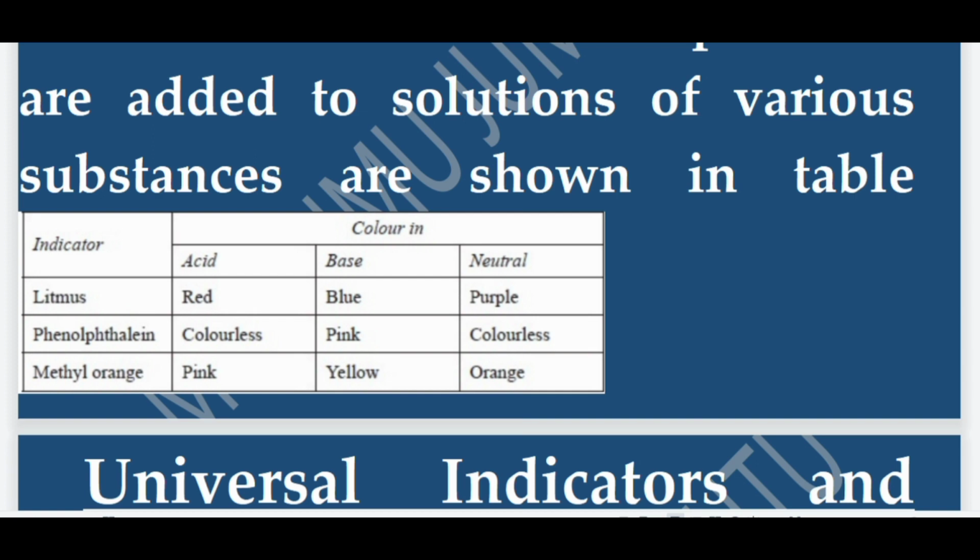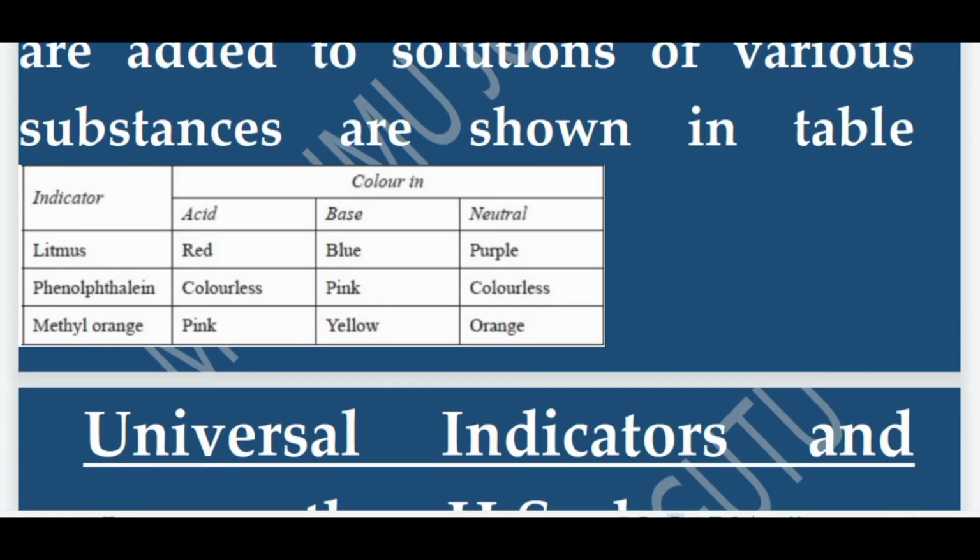Litmus gives a red color in the acid, blue in the base, and remains purple in neutral. Phenolphthalein is colorless in acidic, pink in basic, and colorless in neutral. Then methyl orange is pink in acidic, yellow in basic, and orange in neutral.